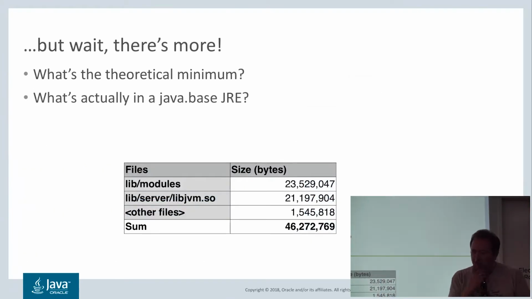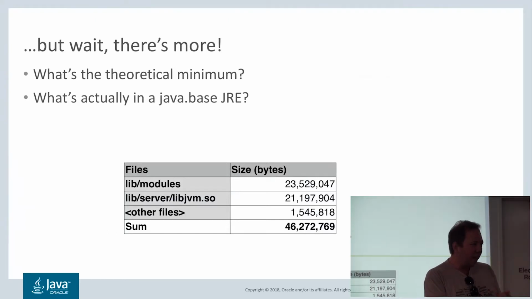I'm going to go through these next few slides relatively quickly because we can do better. But I'm going to say that this is starting to push the limits a bit. So this is mostly an interesting data point. If you go in and look at that java.base only runtime we just created, what will you actually see? Well, you'll see effectively two files.